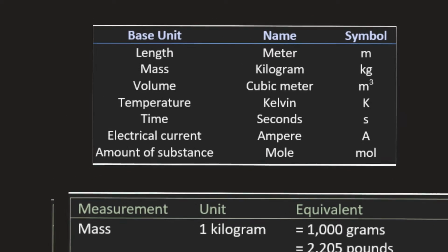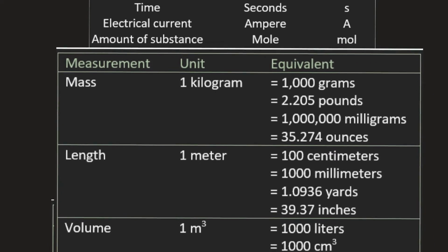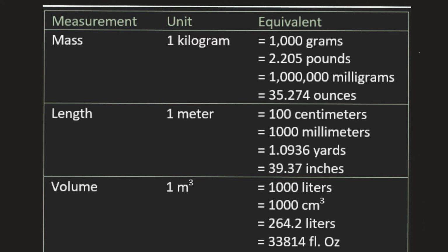Now, in terms of mass and weight, in the vernacular language they're often used interchangeably, but in science, they have very, very different meanings, okay? Mass is a measurement of the amount of matter in an object.